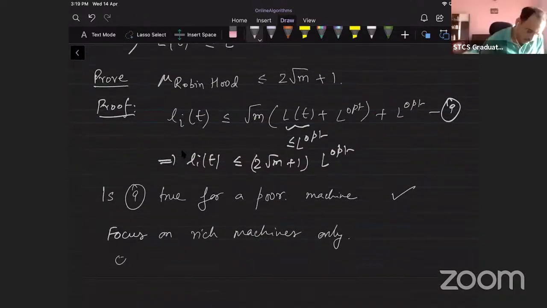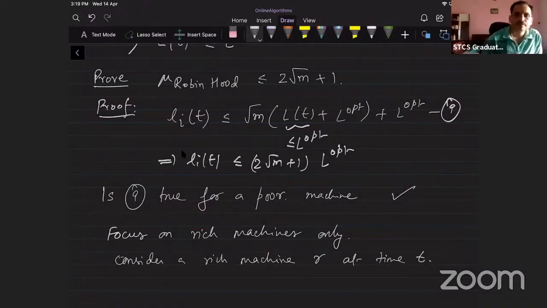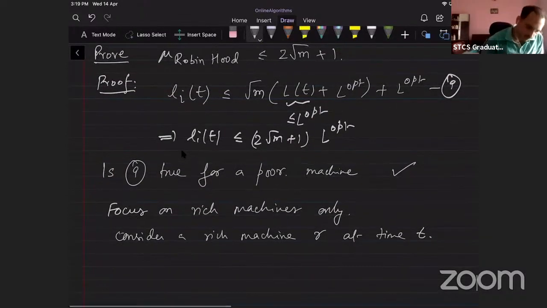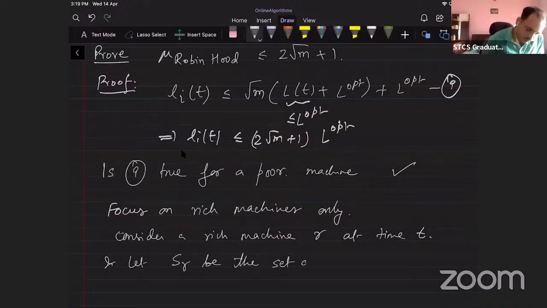So consider any rich machine R at time t. And let SR be the set of jobs assigned to it after its windfall time.